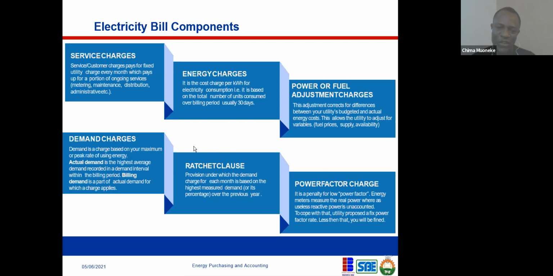They either use the ratchet clause to modify your behavior, or they use the demand charge. Both are used to achieve the same objective. In some countries where the ratchet clause is used, the utility is at liberty to determine whether to use the ratchet clause or the demand charge. They do the calculation for both and see the one that pays them more. If they collect more money from you using the ratchet clause, they will use it; if they collect more using the demand charge, they will use that. Both of them are just tools to control your behavior.